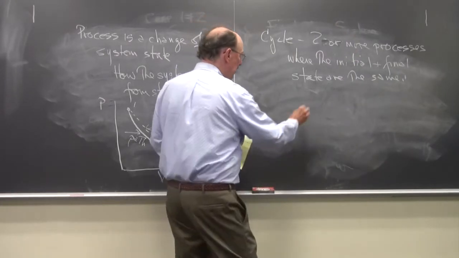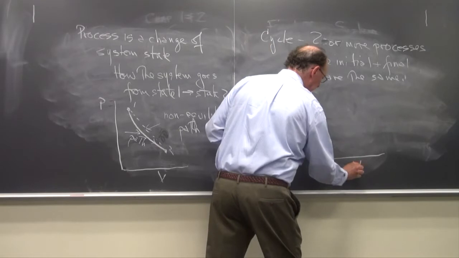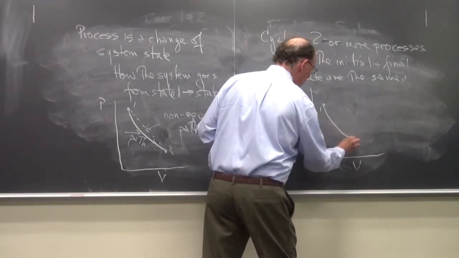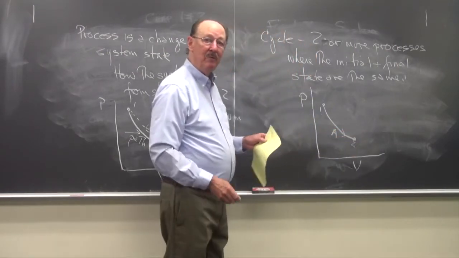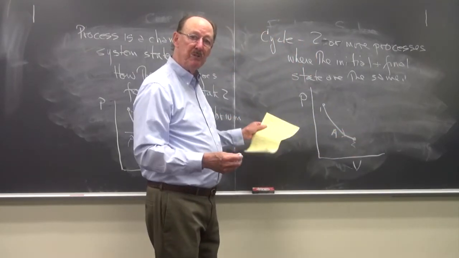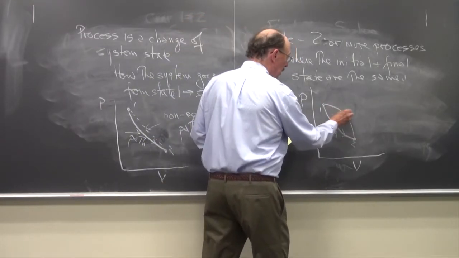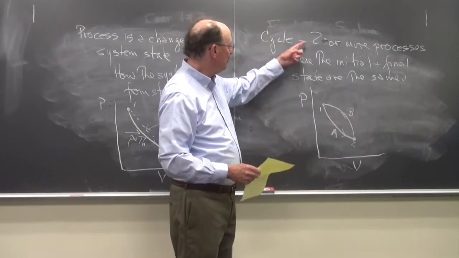In this case, I have PV, and I'm going from state 1 to state 2 along path A. That's the process from 1 to 2 along A. I could go back along B, and there's another path. So a cycle is two or more.